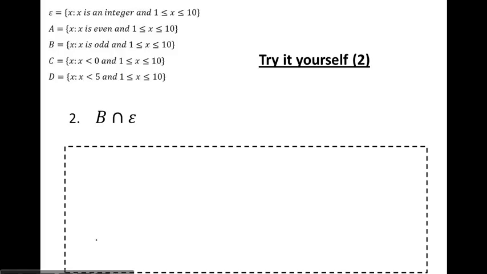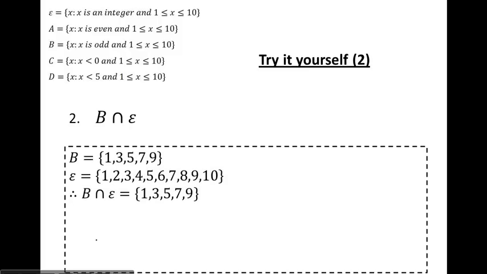For question 2, list the elements for B intersect the universal set. Likewise, list all the elements found in set B, which contains all the odd integers. Then the universal set contains the integers from 1 to 10 inclusive. Therefore, for B intersect the universal set, look out for the common elements.